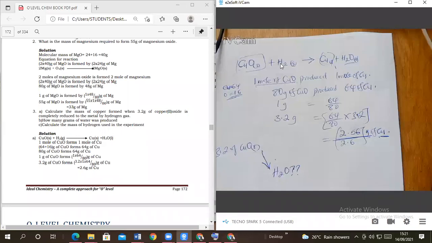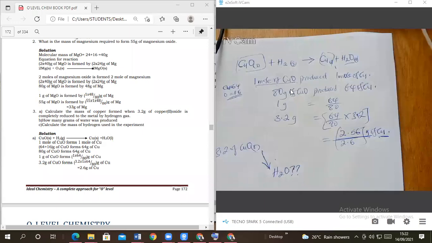Wendy, follow this procedure. They have given you copper oxide, which is in the equation here, 3.2 grams. So make sure you start from here. You have the relative formula mass. Write the moles that concern. 1 mole of copper oxide produces 1 mole of water. Then look for the relative formula mass of water and of copper oxide.